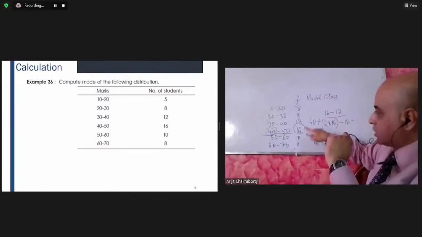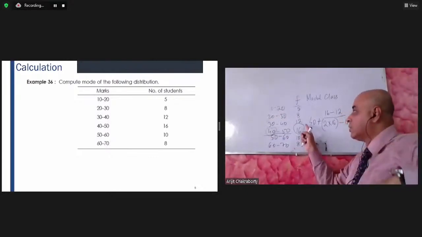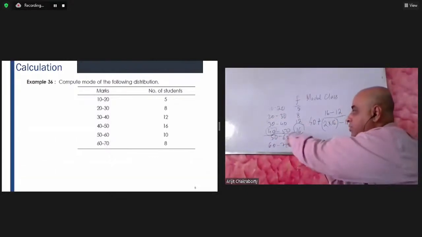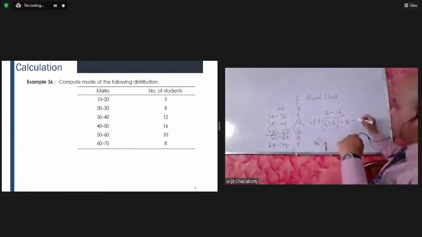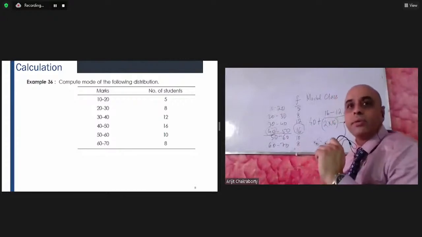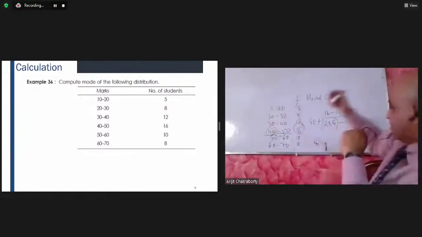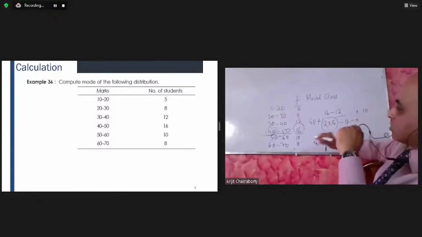Okay, so we are taking the frequency earlier than the modal class, 12, and the next frequency 10, and then we will multiply by the class interval, and the class interval is 10 again. So you can see 10 to 20, 20 to 30 means it is 10. You multiply by 10.